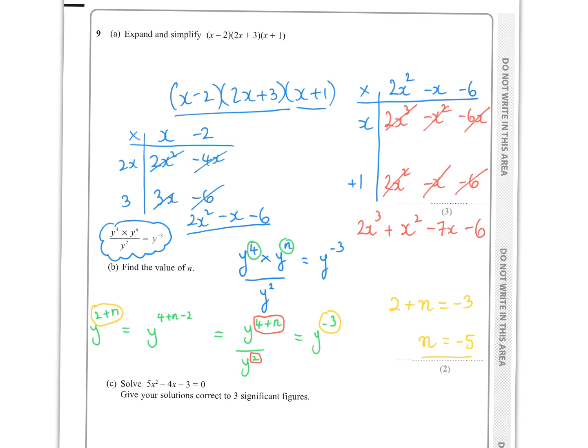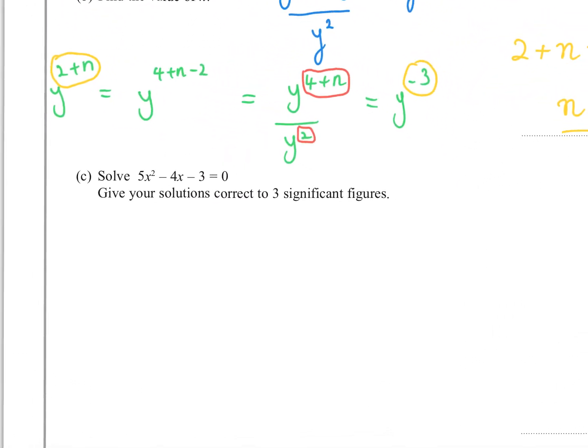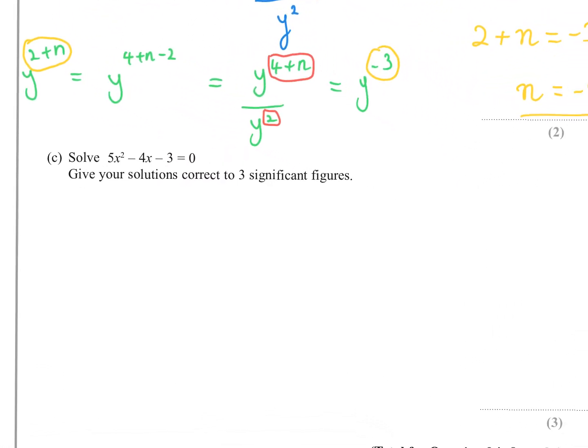For part C, we've got to give our solutions correct to 3 significant figures. So we'll use the formula. So change the colour. In fact, I'll change this yellow to a purple because it's probably easier to see.